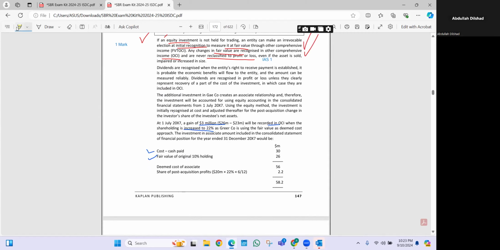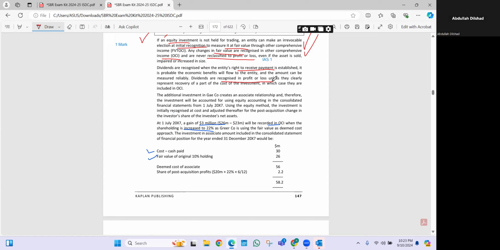The second mark says, where do I need to include the dividend income? Dividend income are the contractual rights to receive payment. Dividends are recognized in P&L.